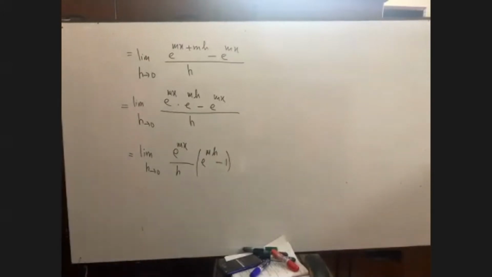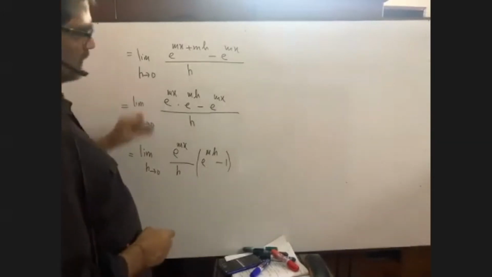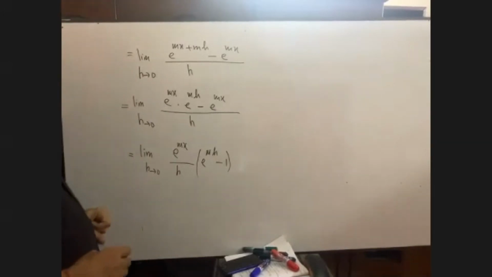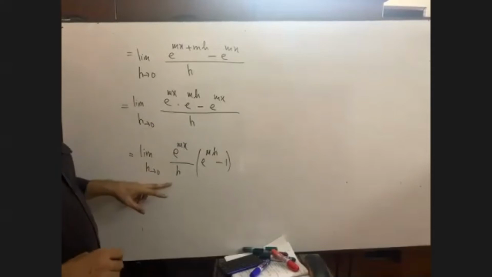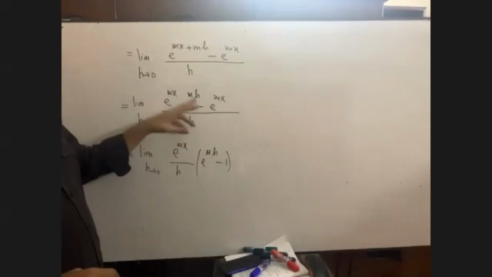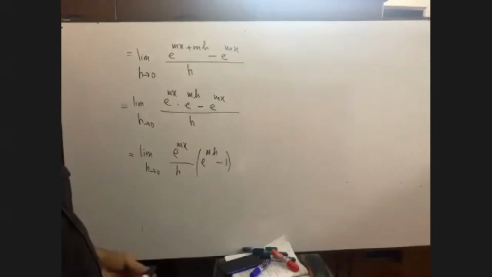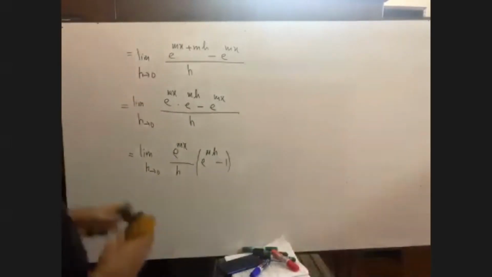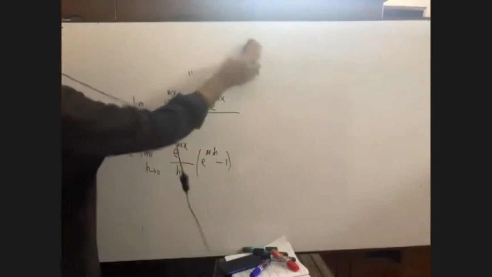Let me know if you fail to understand. E to the power mx from the numerator has been taken common. Denominator is h. Now we are left with e to the power mh minus 1.